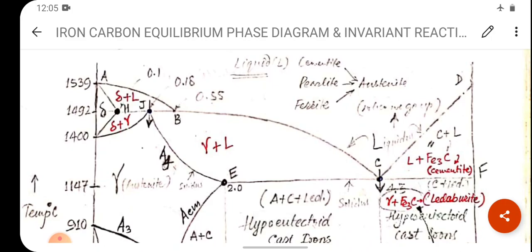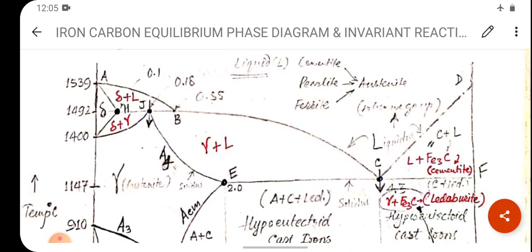So what was the upper part? It was liquid. Clear? What was the part above A, B, C, D? It was liquid. So what will be inside the two triangles? It will give you delta iron and delta ferrite. Clear? And in the range or in the area that is ABJH, it will give you delta plus liquid, because above region is liquid, so it will give you delta plus liquid, delta iron plus liquid.